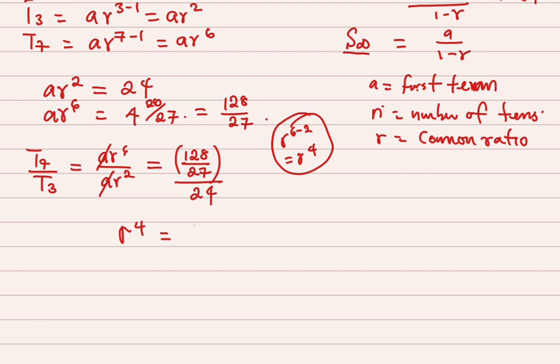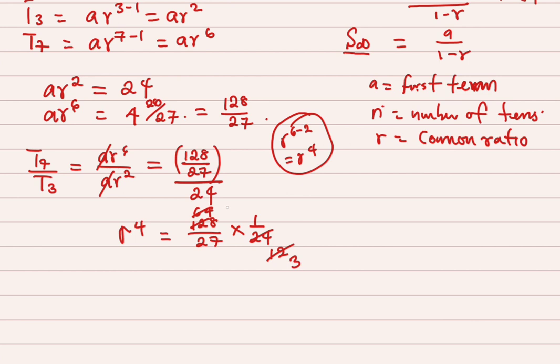Now I have 128 over 27, times 1 over 24. 2 can go into 24 twelve times, and into 128 sixty-four times.